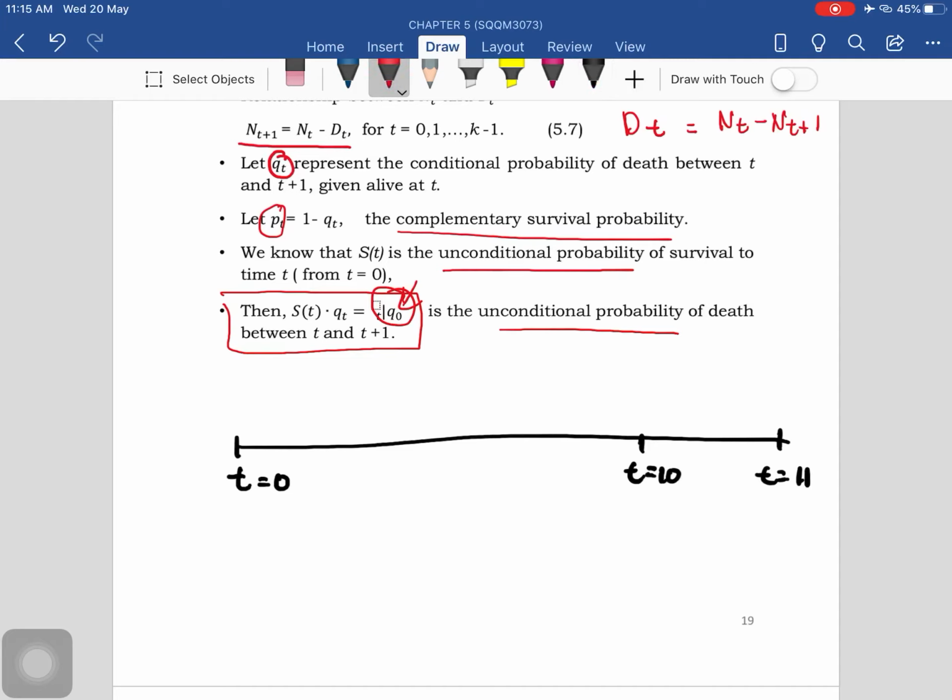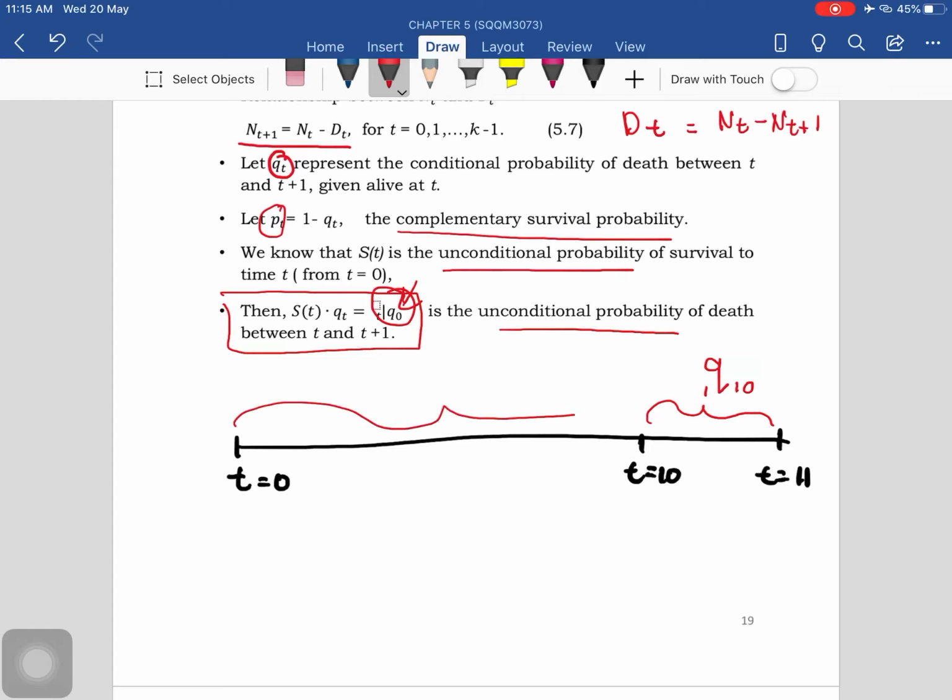So our concern is only the probability of death between 10 and 11. So it is Q10 to 11, with 1 in front.